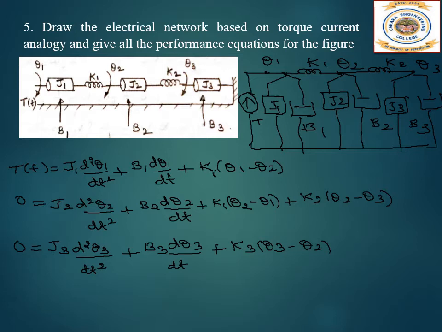After this, what we are supposed to do? We have to substitute for d theta by dt. So let us do that substitution. So we need to substitute for d theta by dt as omega, d square theta by dt square as d omega by dt, and theta as integral omega dt.